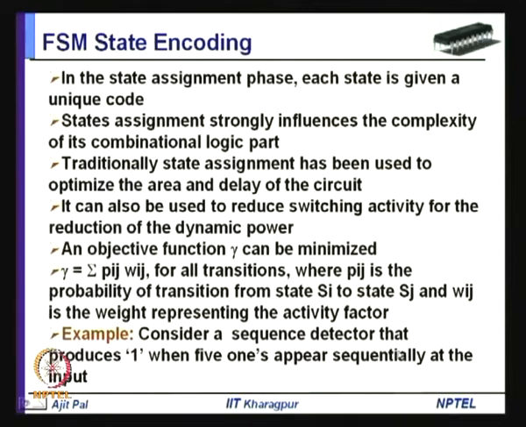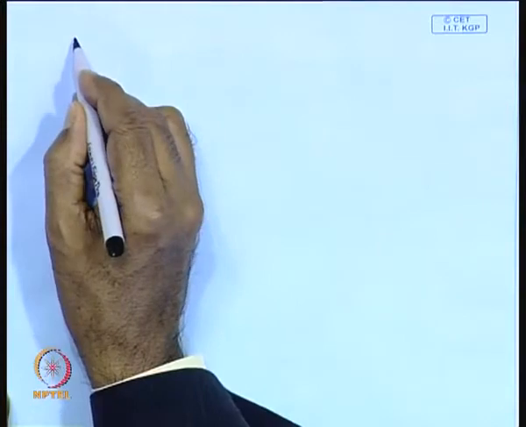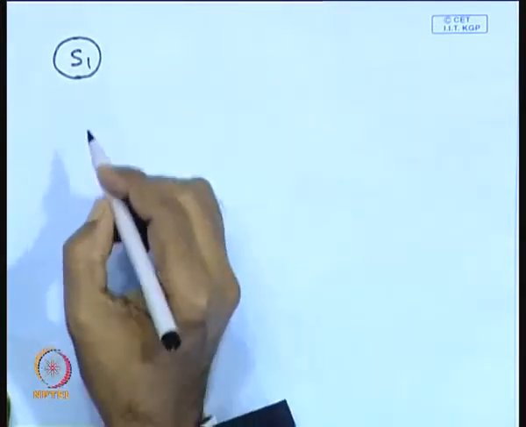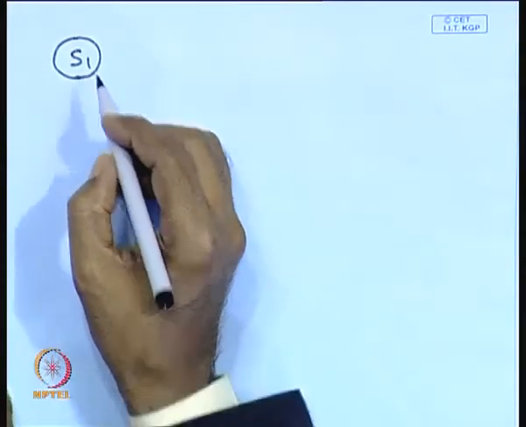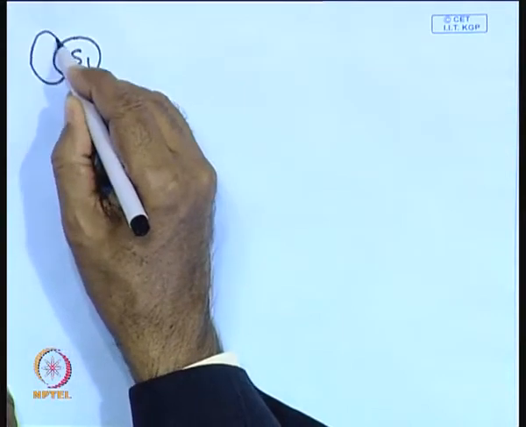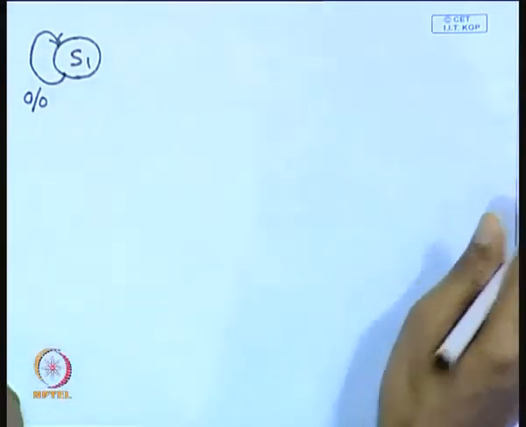Consider a sequence detector that produces a 1 when 5 ones appear sequentially at the input, and let me draw the state transition function of the finite state machine. You can start with state S1, and it has to detect the occurrence of 5 ones. As long as the input is 0, it can remain in state S1, producing 0.